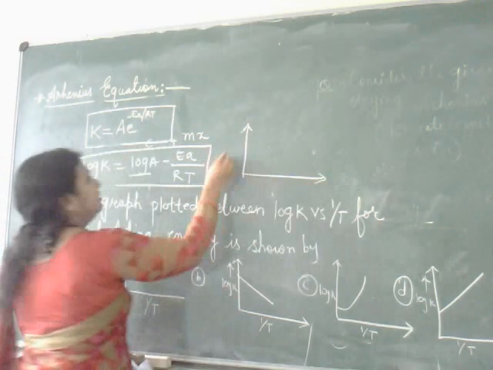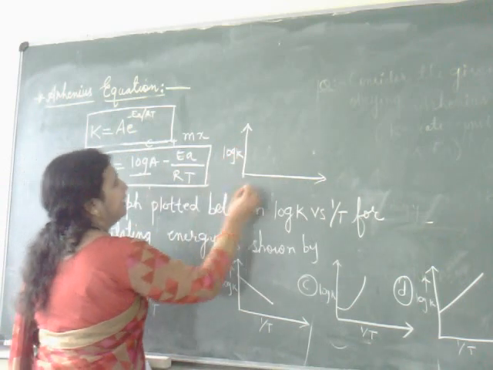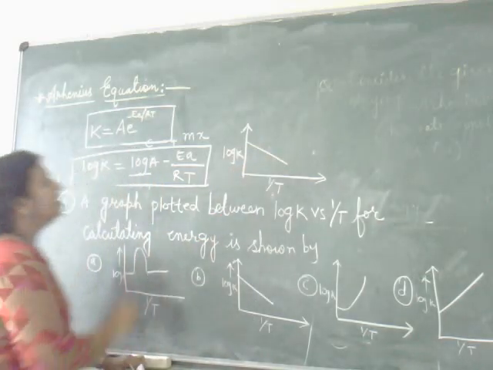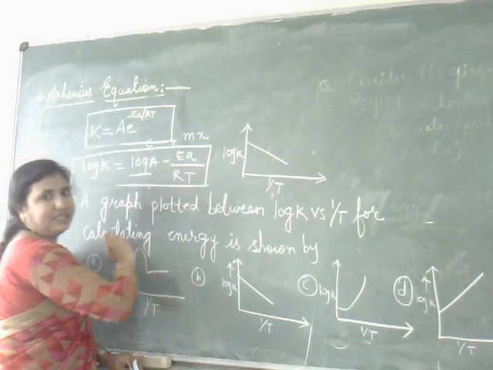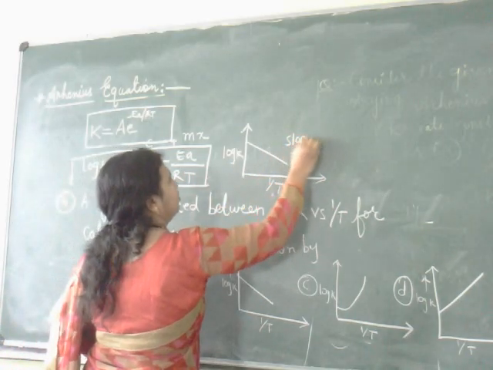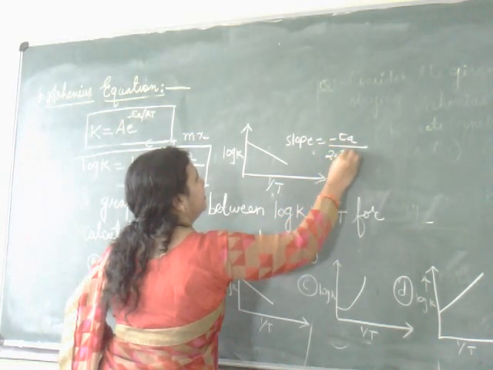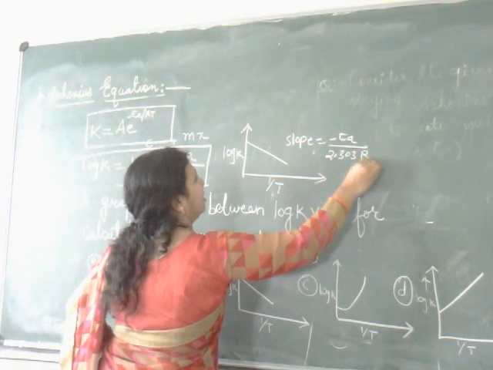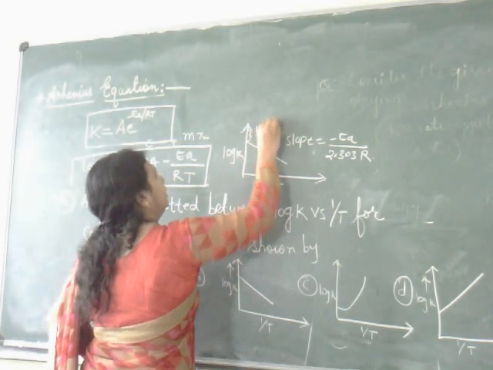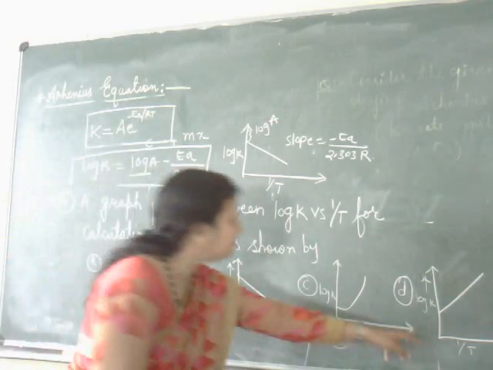Same here: log k on the y axis and 1/T on the x axis, with negative slope, minus Ea/RT. Our slope is equal to minus Ea divided by 2.303 R, and the intercept is log A. Like this graph, which one do we have among the four?